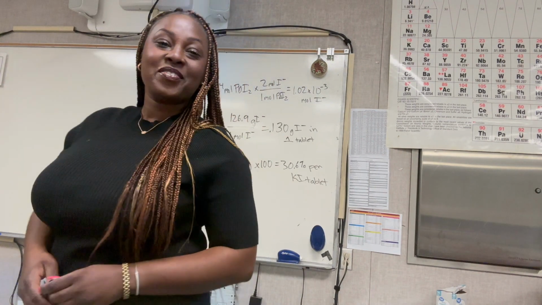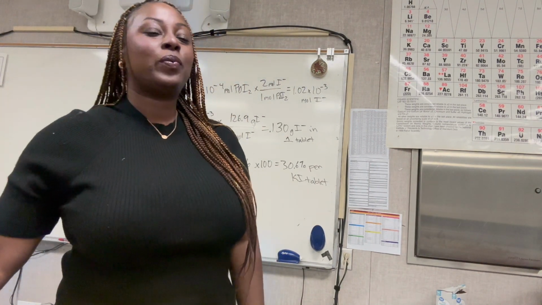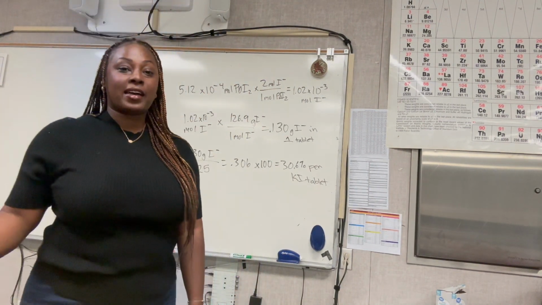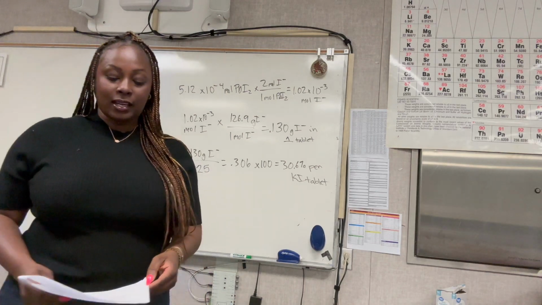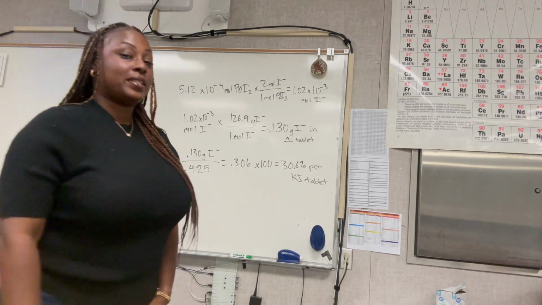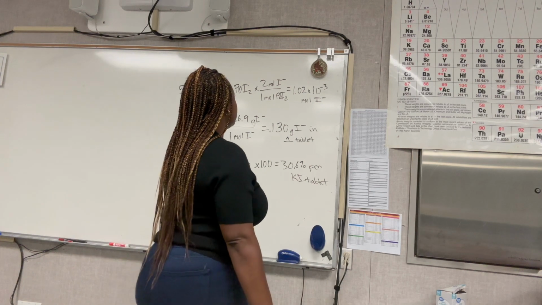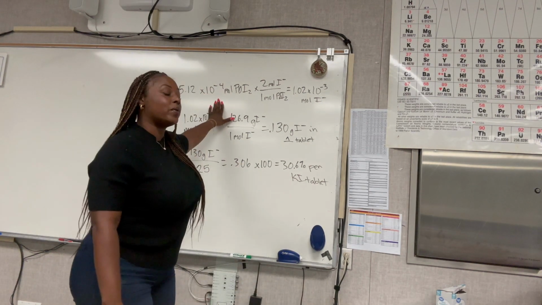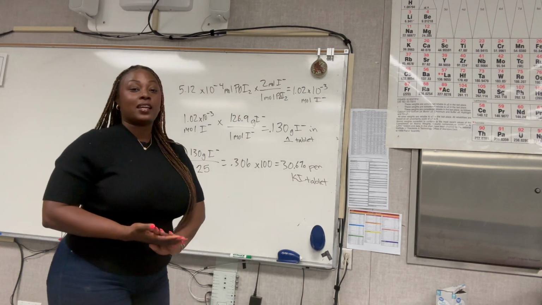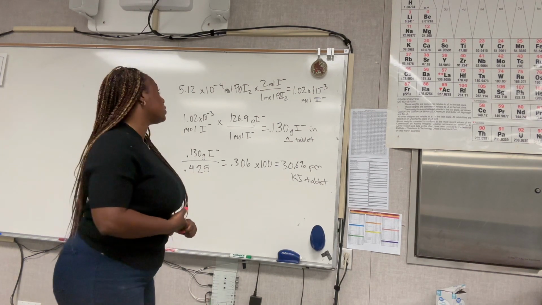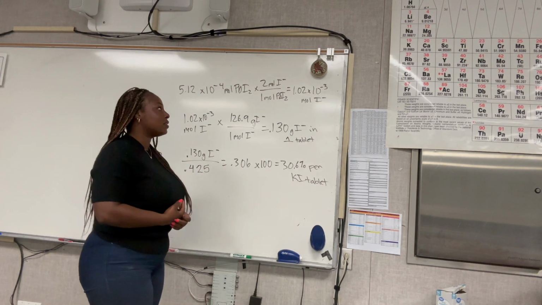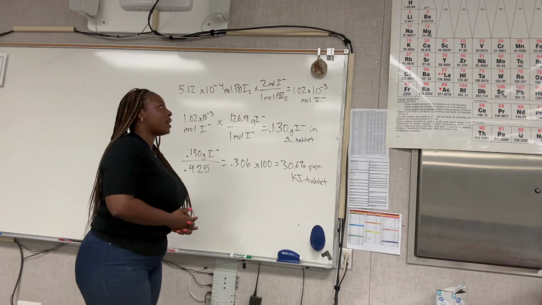Okay. And for the last part, we were asked to find the mass percent of iodine that was in the potassium iodide tablet. To do that, we first start with the moles of lead iodide that we calculated in the reaction, which is 5.12 times 10 to the negative 4 moles of lead iodide.